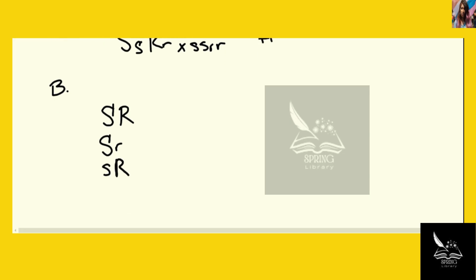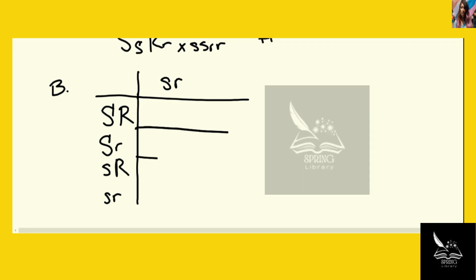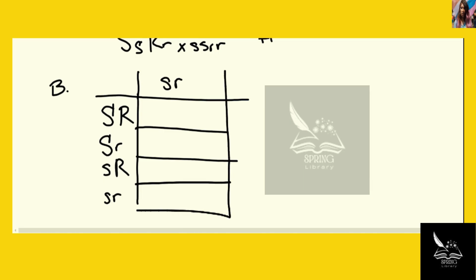I'm hoping this little tick on the S helps separate the capital, the dominant, versus the recessive, the lowercase. I hate using S's because they look relatively the same, big or small. Okay, and then for the gametes for the recessive, we only really have one option. I mean, technically it would make 4 gametes with the exact same recessive in each, but we don't need to make 4 columns, and so we'll do our square here.